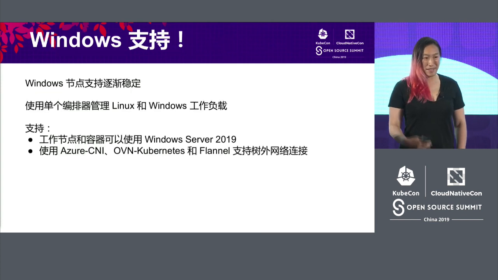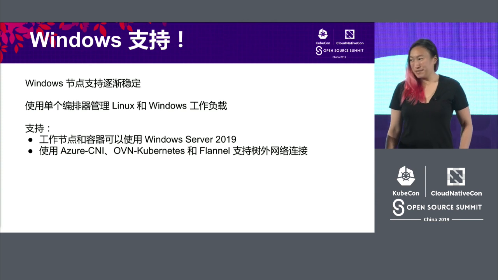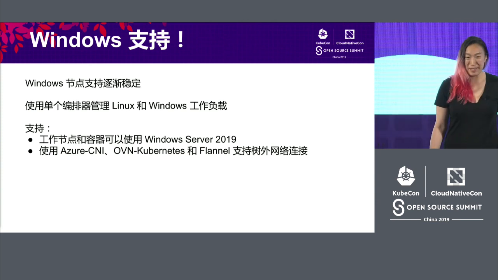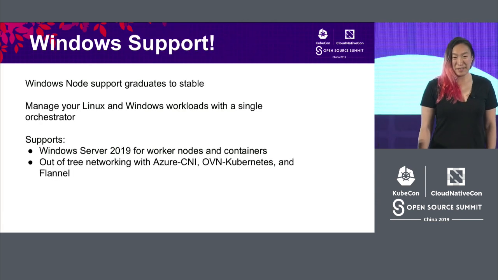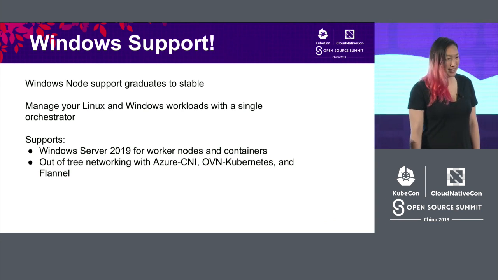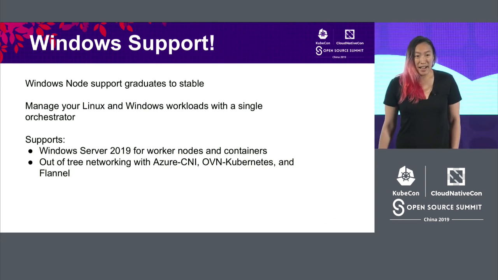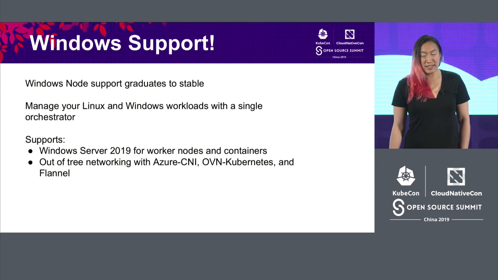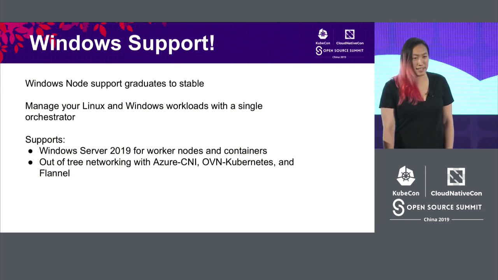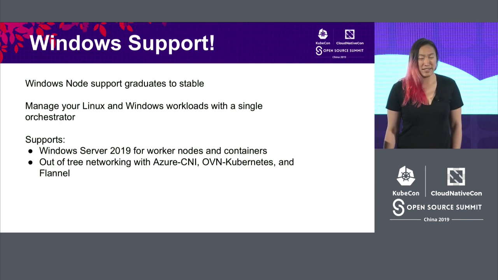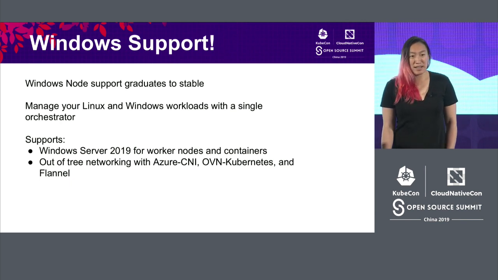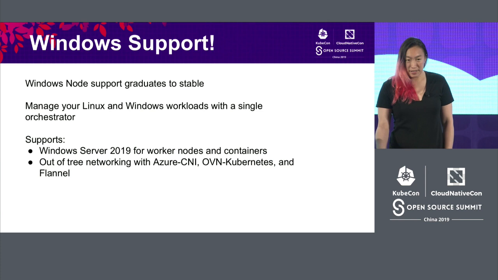So the big one, I think, is one that everyone's been talking about, which is Windows support. Windows support graduated to stable with 1.14. So now you can have your Linux and Windows workloads running in the same cluster. The possibilities are limitless. You can provide the same developer experience to your Linux and Windows developers.